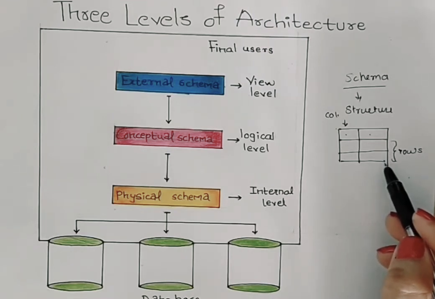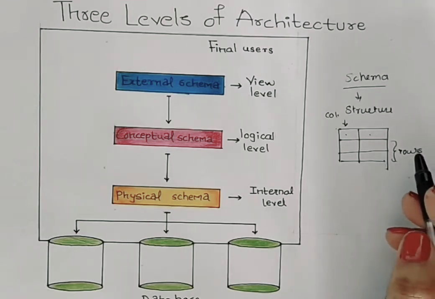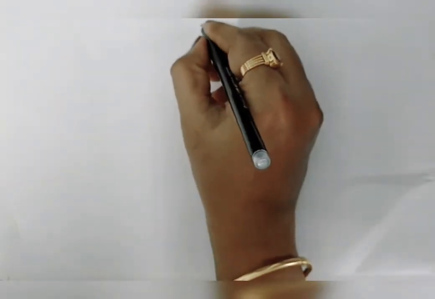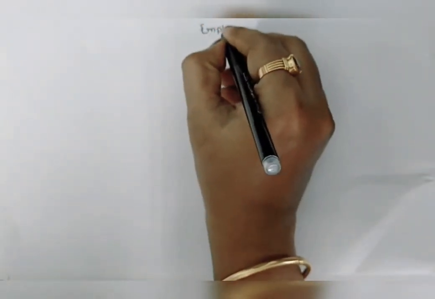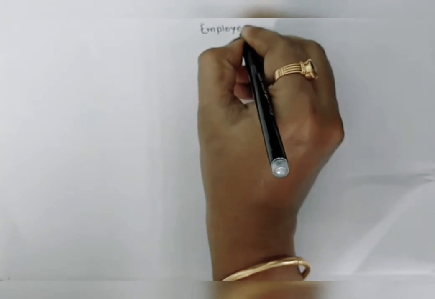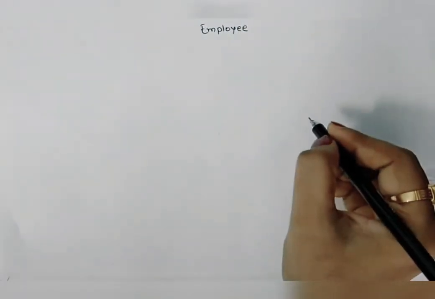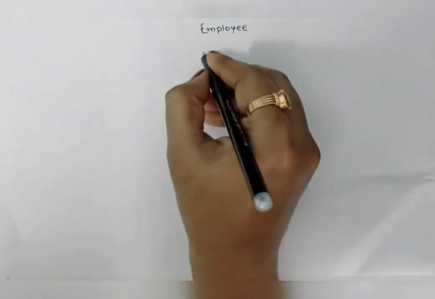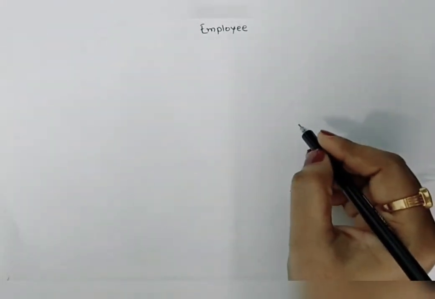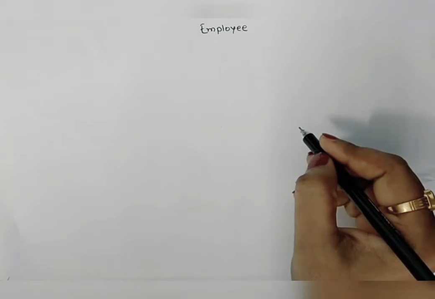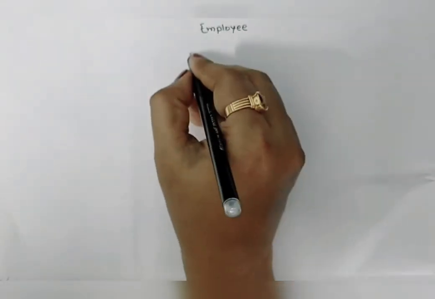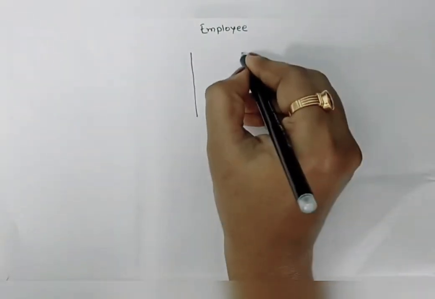For example, we'll take the example of employee. Now consider employee table. The employee is having attributes employee ID, employee name and salary. We'll consider only 3 attributes over here and we will create a structure of employee over here.